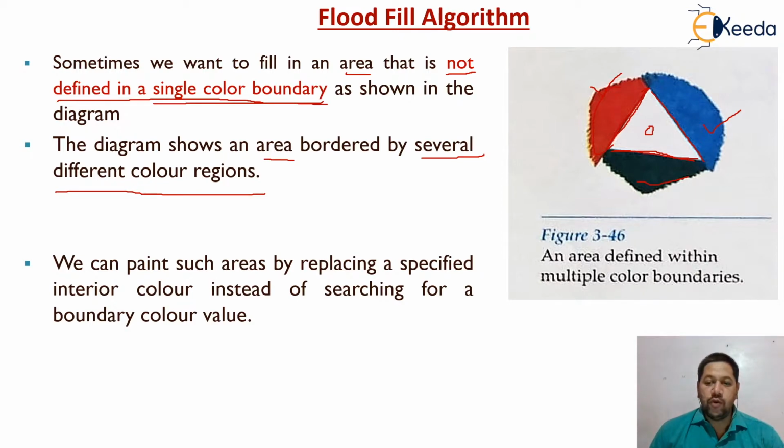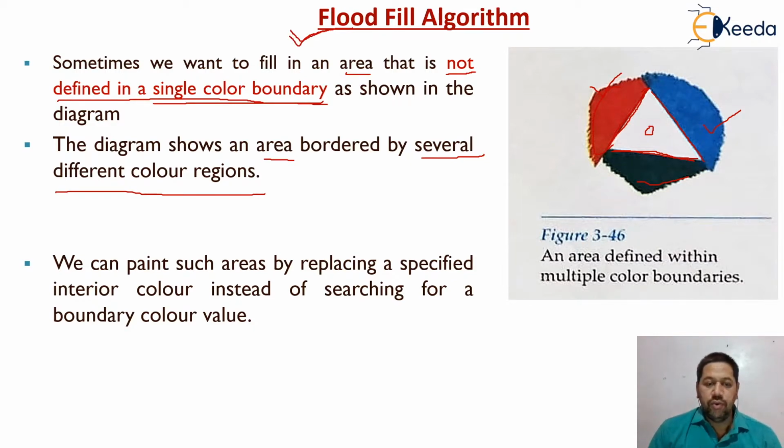I cannot say that the boundary of the polygon is only red, because this part is red, this part is blue, and this is again a different color. In such a case, the boundary fill algorithm or the seed fill algorithm we have learned will not work, so we have to take the help of the flood fill algorithm.